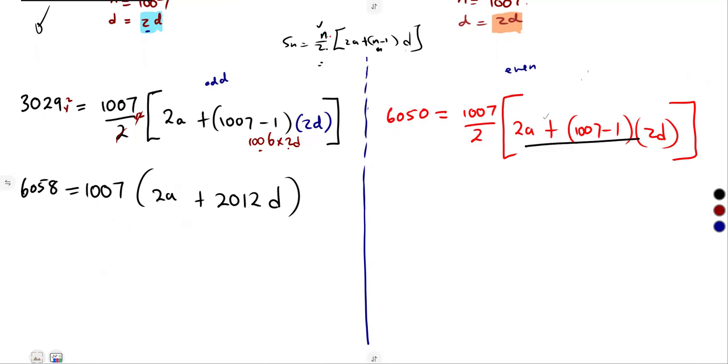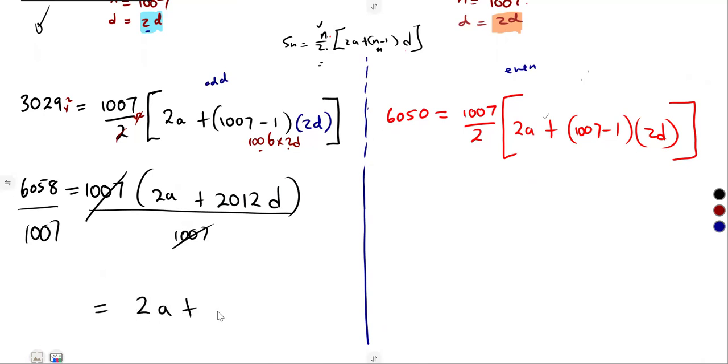So there's 2a, and what is going to remain inside the bracket. Let us try to have 2a plus something, so let's simply divide by 1007. This is what we are also going to do here. As we are solving, you can see that this is going to be an important part of our equation. The left hand side, you can simplify it or just leave it as a fraction.